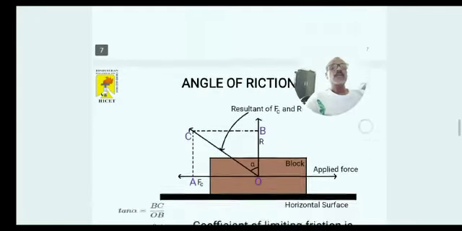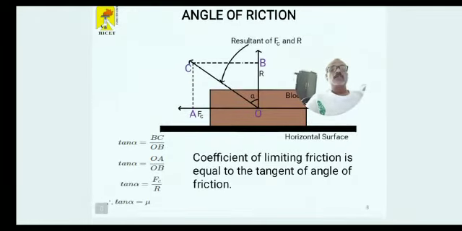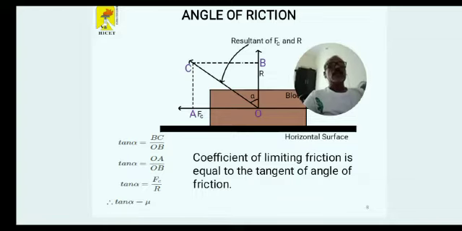Then what is the angle of friction? For the angle of friction, we have to make some resolution on the block. It is a block center. Here A, B, C, D are marked. Sometimes the applied force is in an inclined position, having some angle.